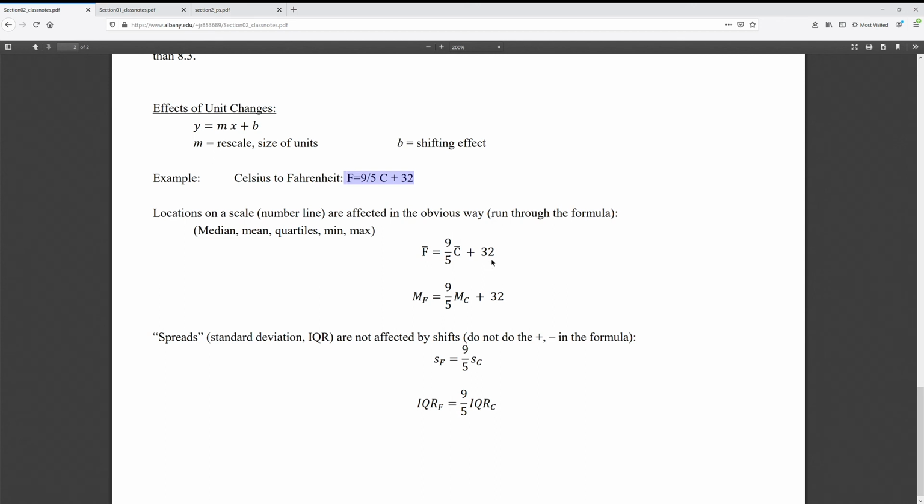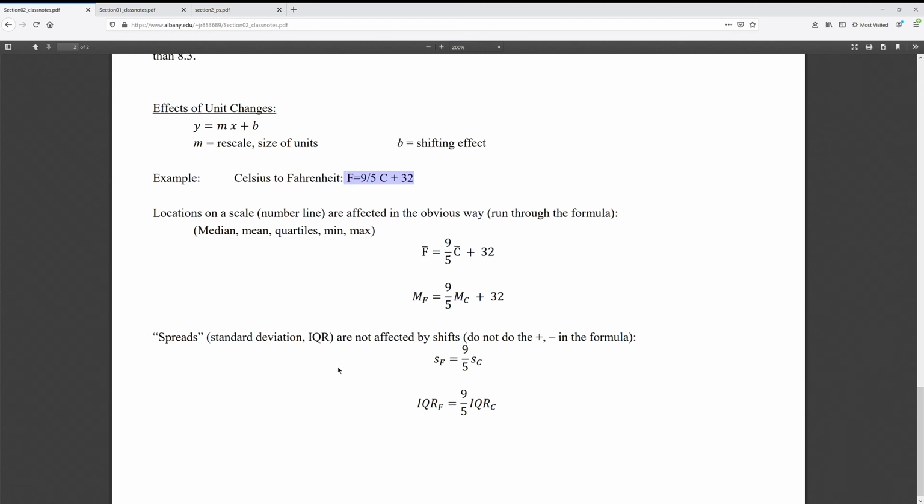The mean and median are just tick marks that get run through like anything other. The mean temperature and the median temperature, min, max, Q1, Q3 temperatures, are examples of temperatures. So of course they get run through the highlighted unit change formula.